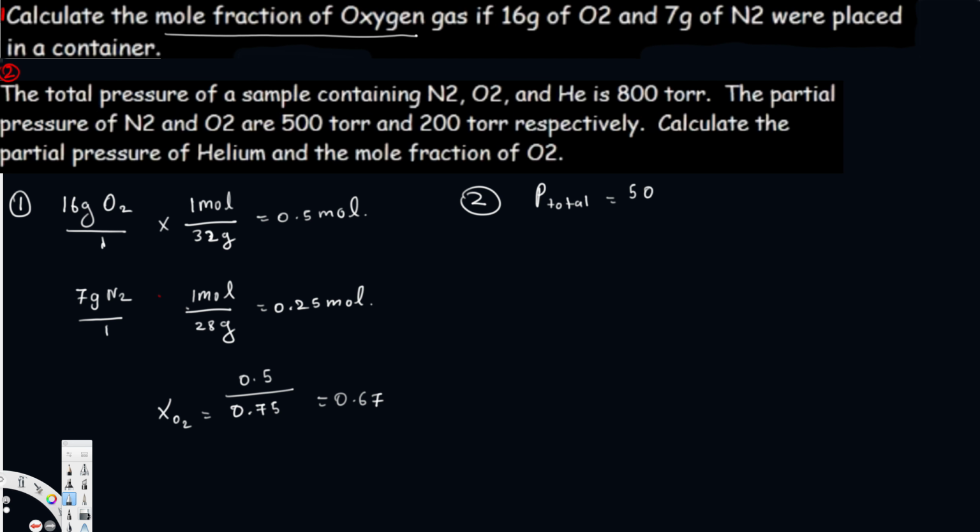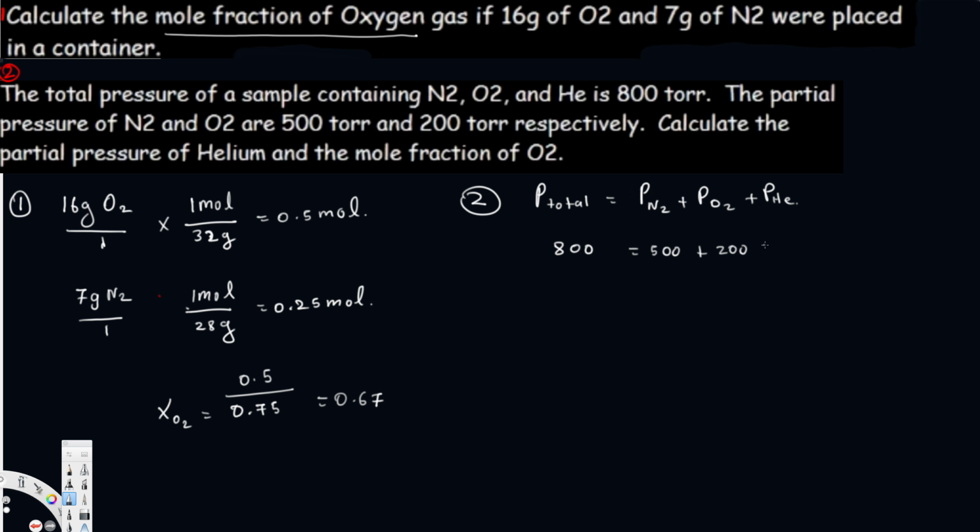So let's write it as an equation first and then answer it, right? Here the P total is going to be the partial pressure of N2, plus the partial pressure of O2, plus the partial pressure of He. We have two of them, that is N2 and O2. N2 is 500, O2 is 200, and they have also provided the total pressure, that is 800.